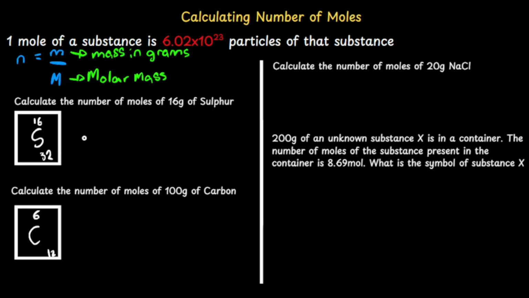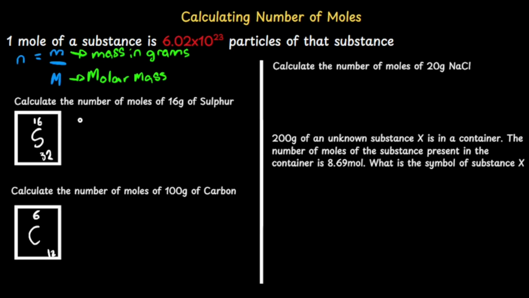The first question asks us to calculate the number of moles of 16 grams of sulfur. Now, 16 grams of sulfur, that is an important part of the question. It tells us the mass in grams of sulfur present in the system.